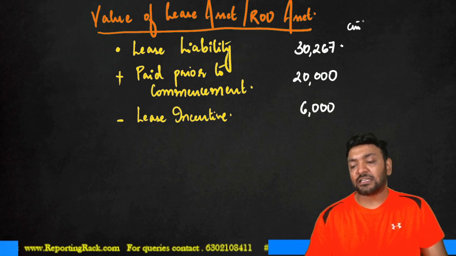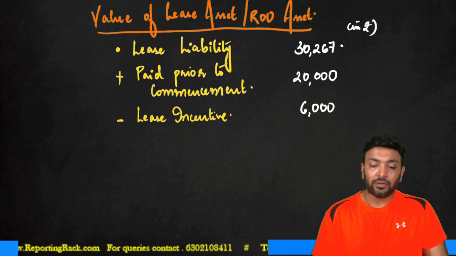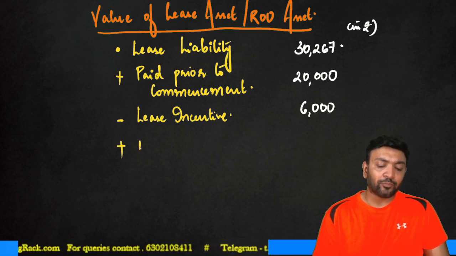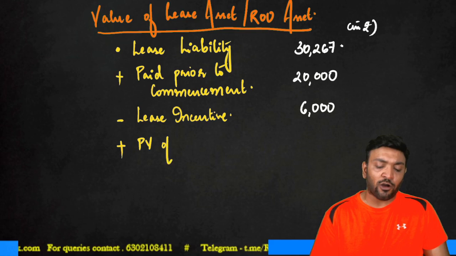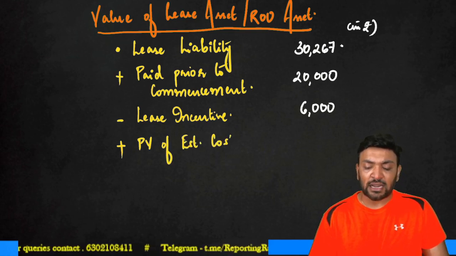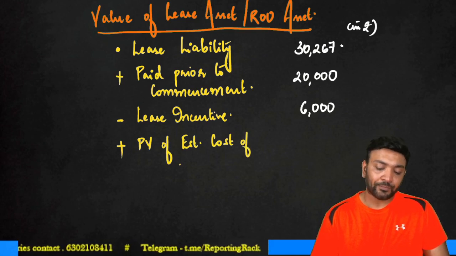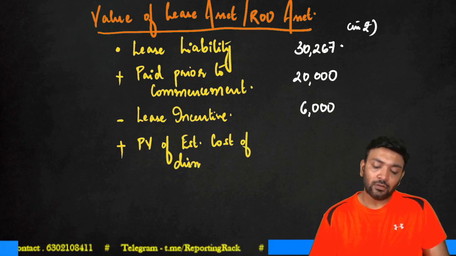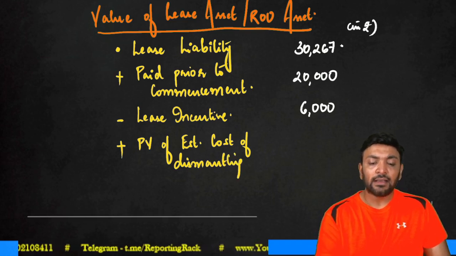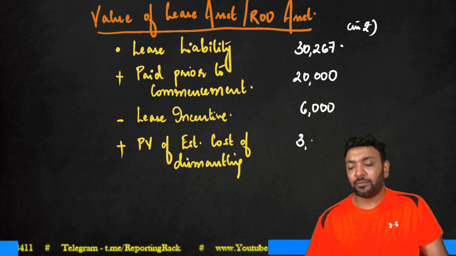Writing everything in rupee terms, guys. Finally, I will add the present value of estimated cost of dismantling, finally this cost which should be added is 3,500.